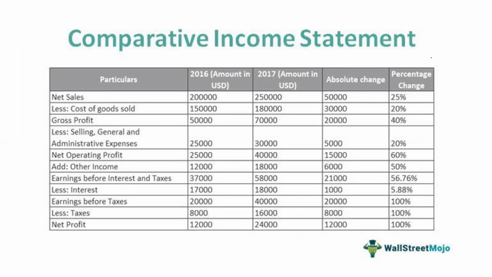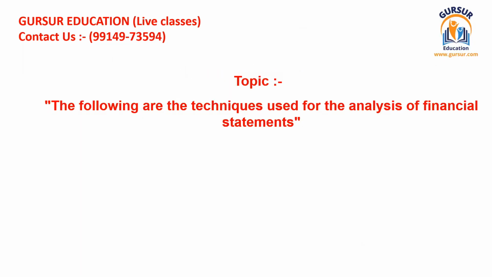So I think I have taught you enough regarding the analysis of your financial statement. This is one of the major things which each and every financial analyst has to do so that they can make further business investment decisions.